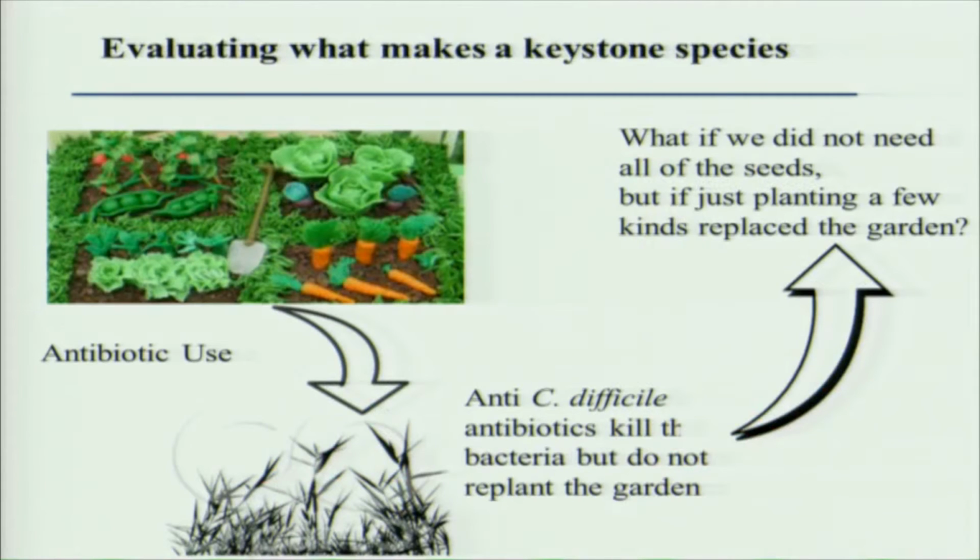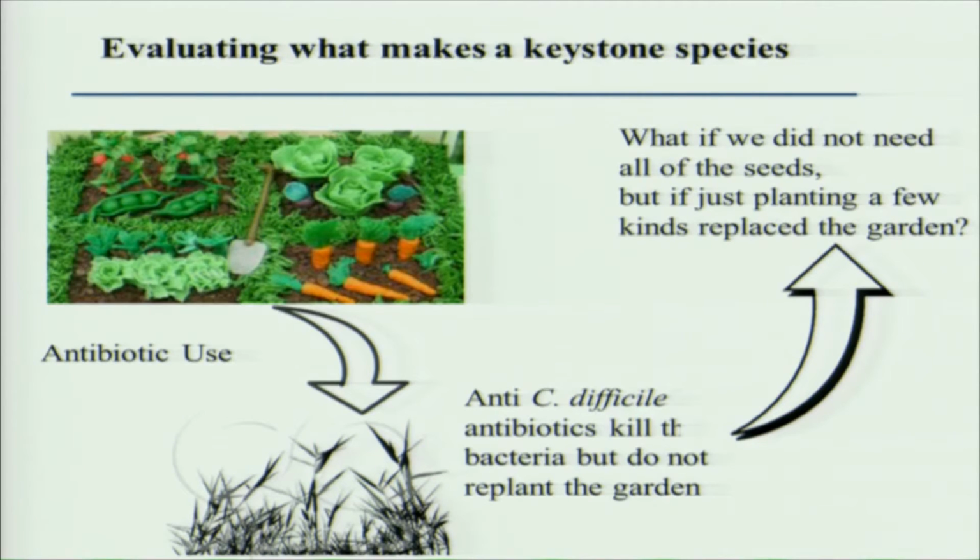Those who have heard me speak will roll their eyes when they hear the garden analogy, which I use with patients and providers: our gut is like a garden. When we use antibiotics, we're killing all those fruits and vegetables. C. diff grows up like a weed; it might have been colonizing you, or you might have picked it up from the environment.